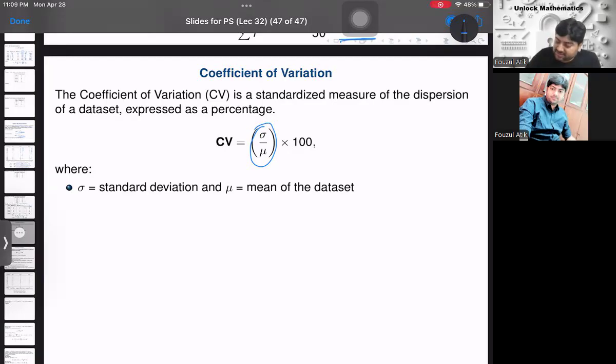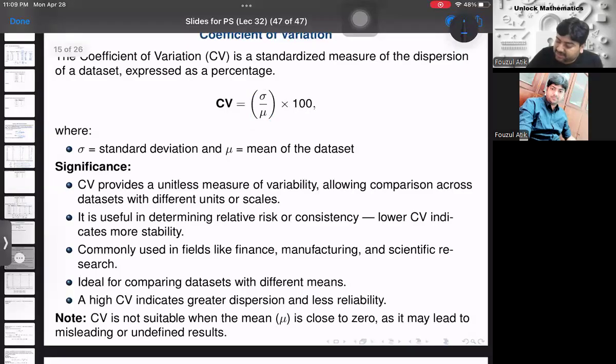The first significance is that CV provides a unitless measure of variability, allowing comparison across data sets with different units or scales. So it is easy to compare different data sets having different kinds of units, and you can identify it using the coefficient of variance.